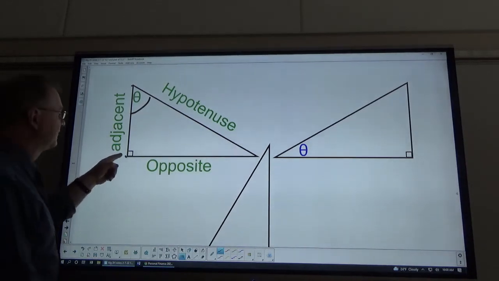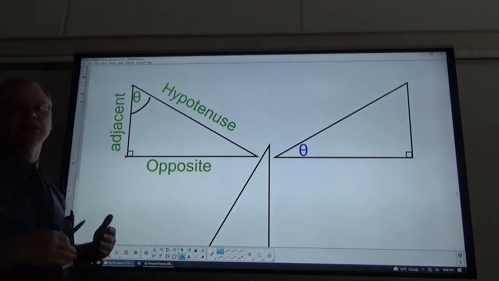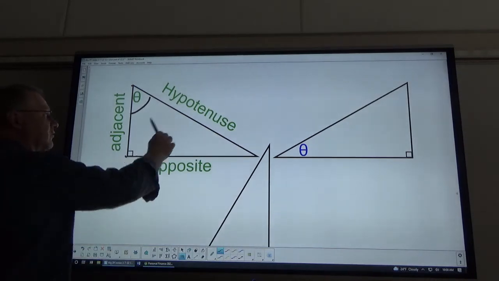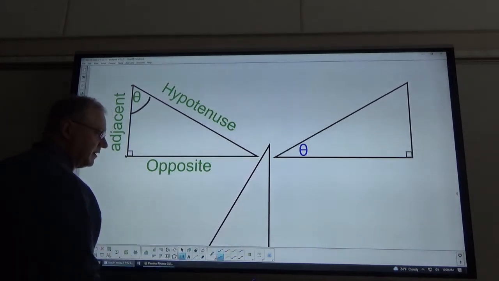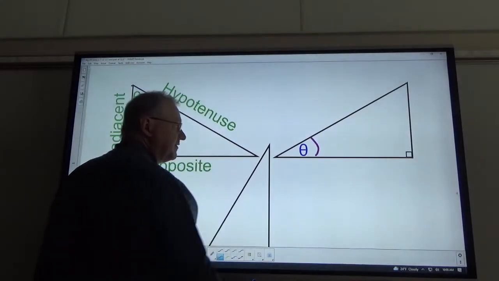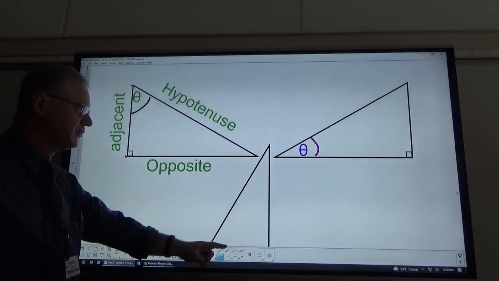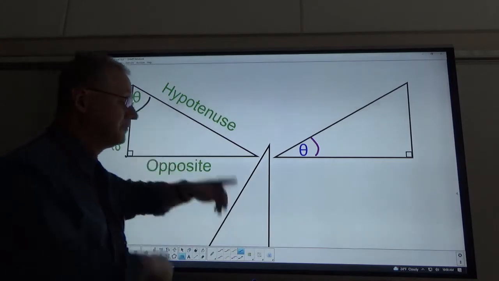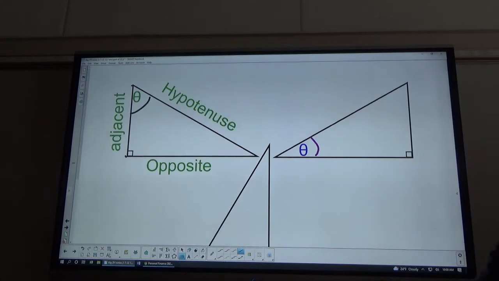Now, each of the sides that make up the 90-degree angle are the legs of a right triangle. You may remember hearing that. And the third side, across from that, is the hypotenuse. So, if that's the setup, if theta is there, you'll notice in this case, instead of opposite being down here, we flipped it around, changed which of the angles was theta.